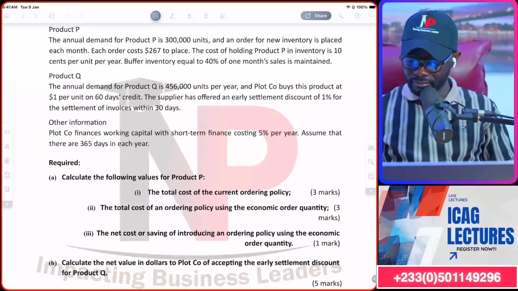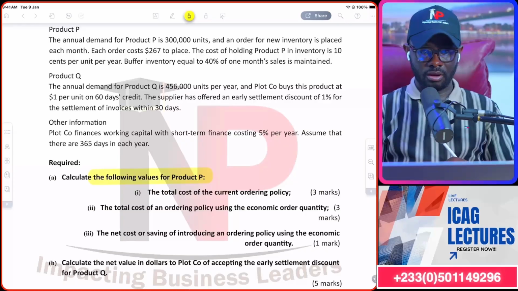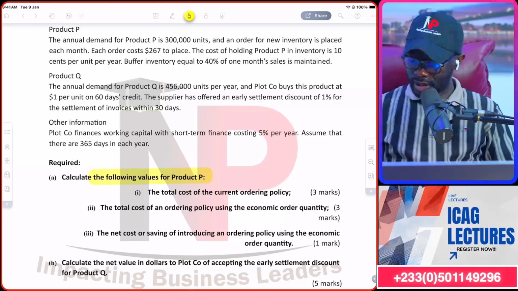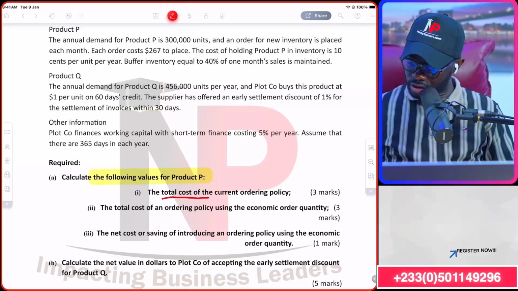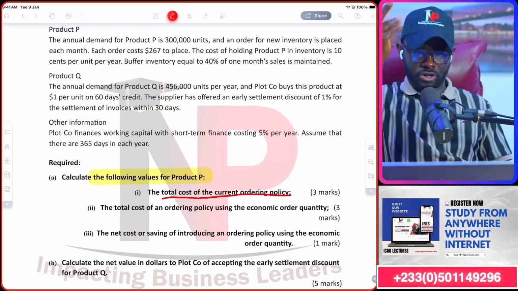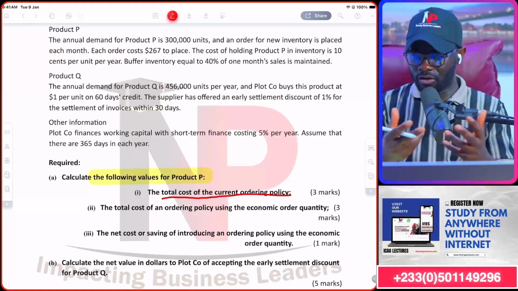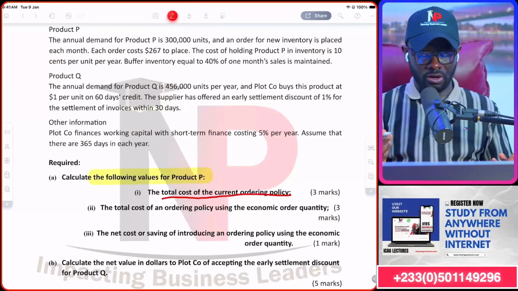Required. Calculate the following values for product P. The total cost of the current ordering policy. It means you are calculating the inventory cost.